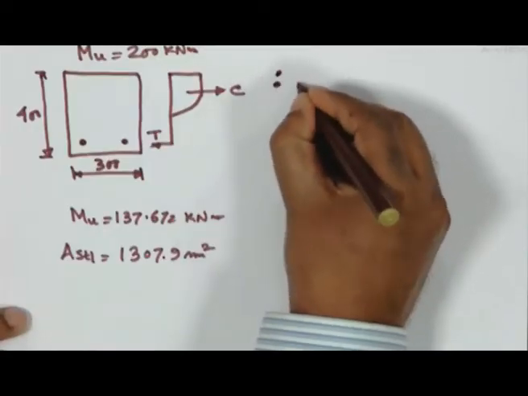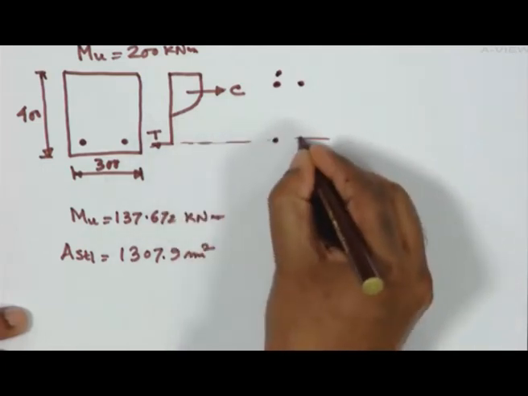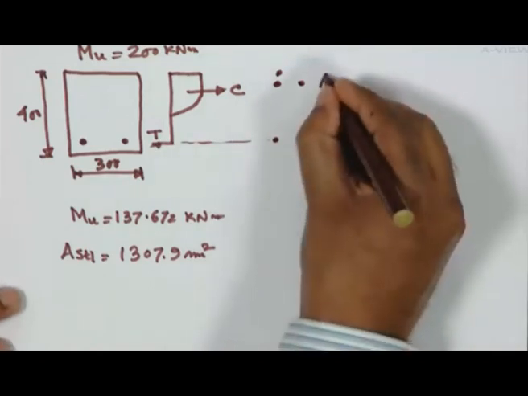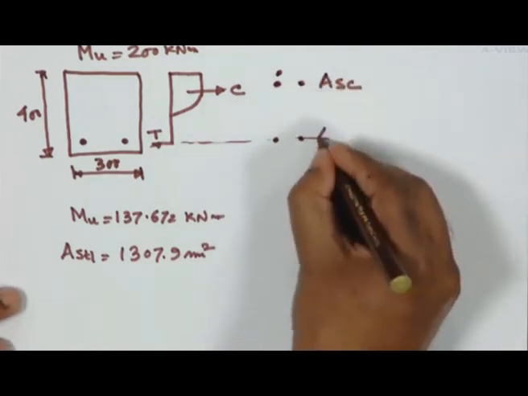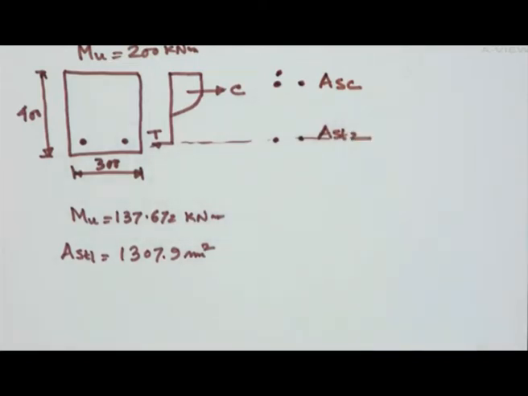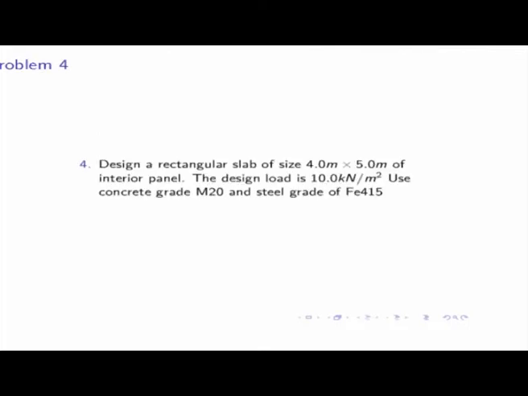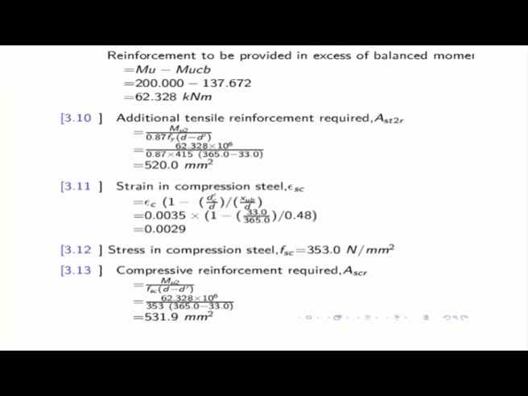Some reinforcement I shall provide here, some reinforcement along this line I have to provide here. This one we call ASC, this one we call AST2. So in this particular one, how much will be the steel, that I have to find out. So I have to find out that ASC, and then I have to find out that.